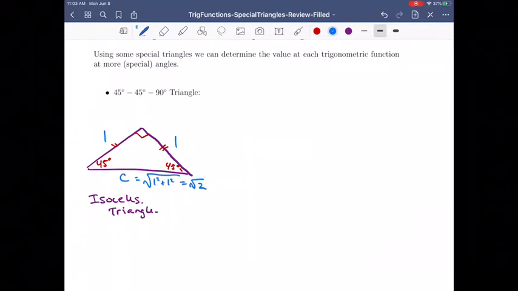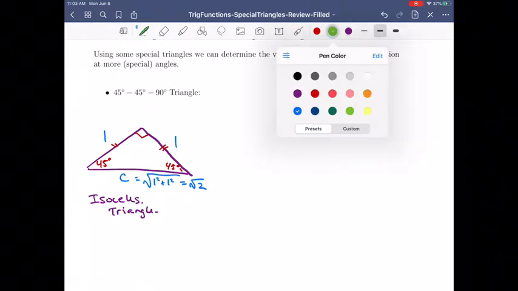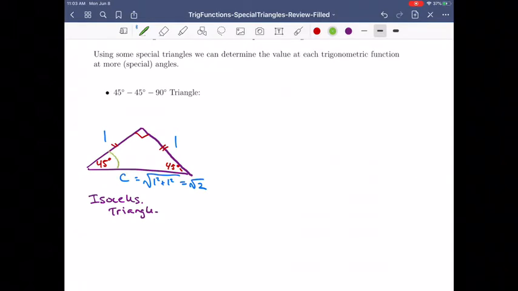Now, because we have this triangle, we can talk about the trig functions, because remember they're defined on triangles. Let's say I use this as my angle. So this is my theta, it's 45.